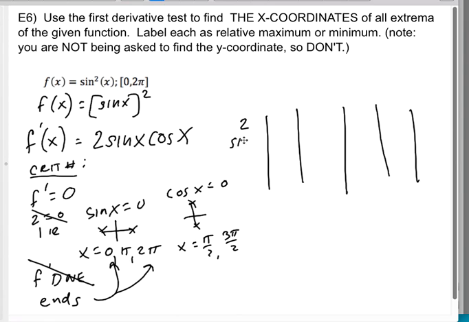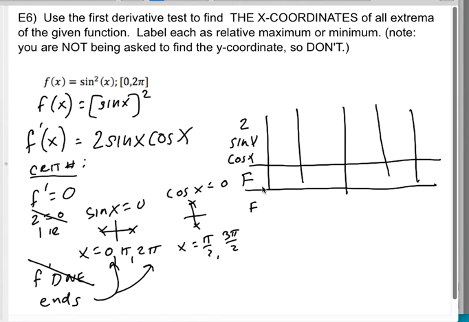My factors are a 2, a sine x, and a cosine x. This is f prime and f. I said them backwards. You get the gist. So I have a 0, I have pi over 2, I have a pi, I have a 3 pi over 2, and I have a 2 pi, and there's nothing after 2 pi, right?